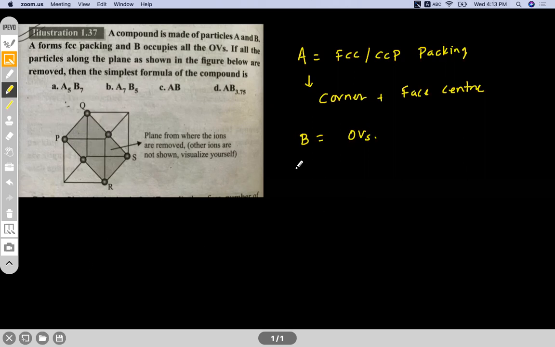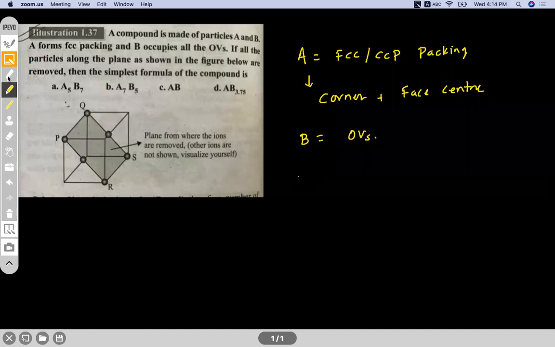So could you tell me how many A atoms have been removed? 4 cornered A and 2 face centered A have been removed, right? So out of 6 face centers, 2 have been removed.